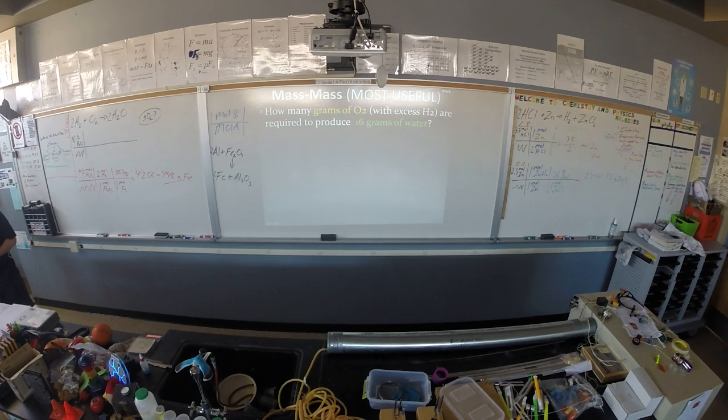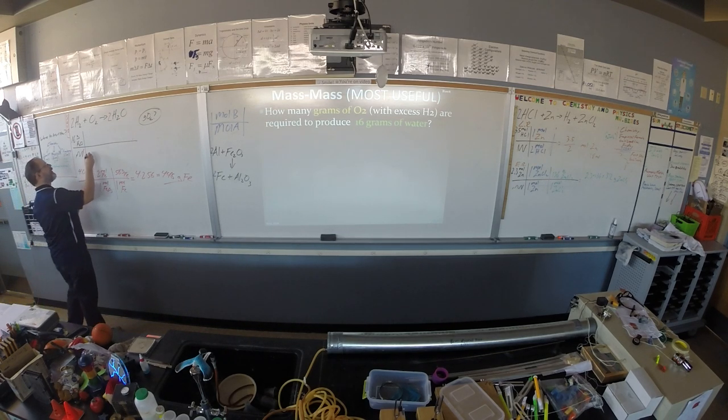The system still works like before, only now we need to get our grams of water into moles of water. So grams water to moles water, very similar to last time.